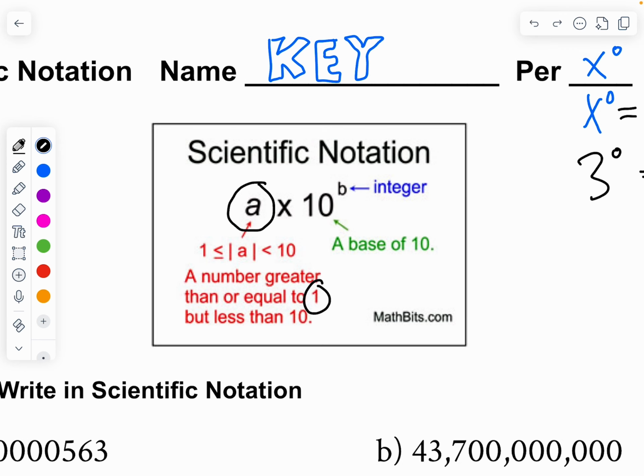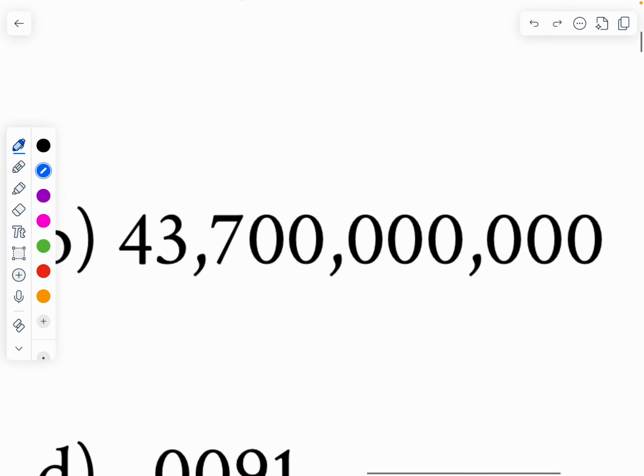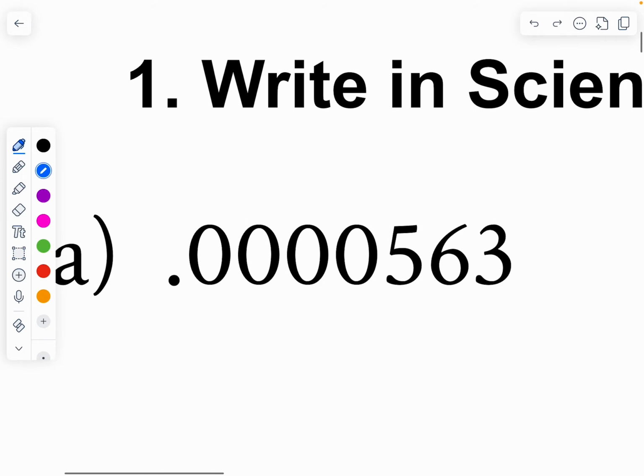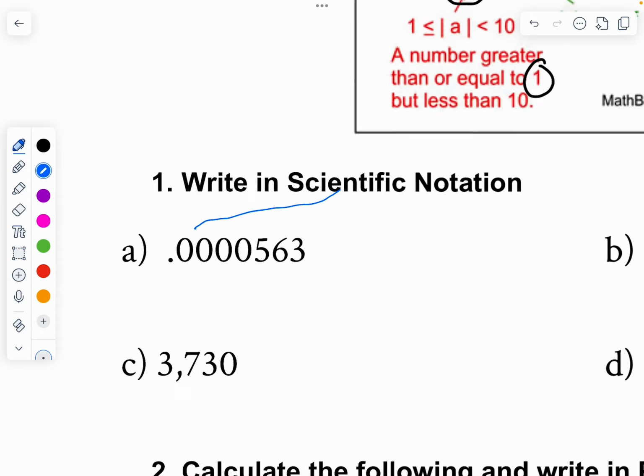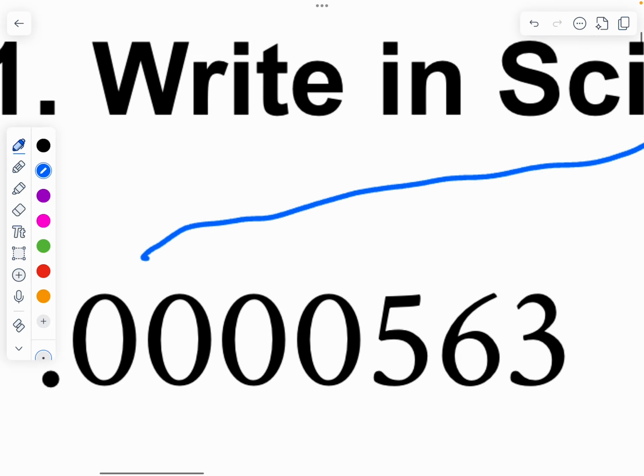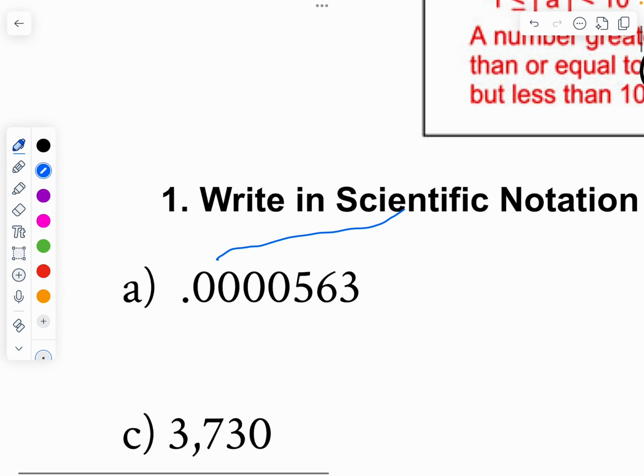Okay. And then, of course, the integer exponent. It's going to be positive if it's a big number, and it's going to be negative if it's a decimal. For example, what's the width of a tiny hair? If you take a look at a hair, what's the width of that hair? The width of the hair is microscopic.